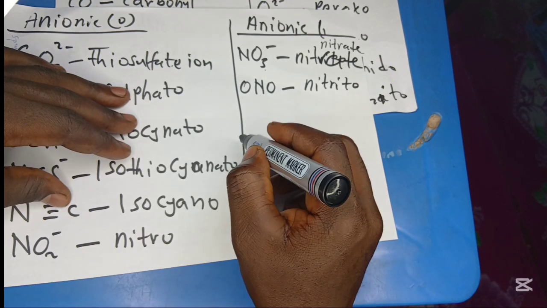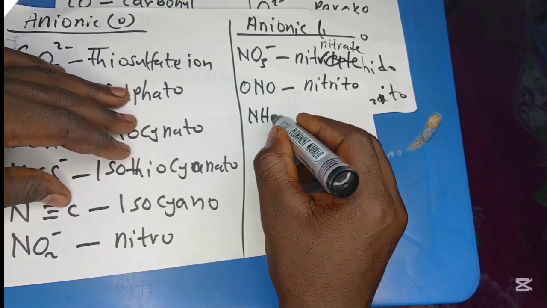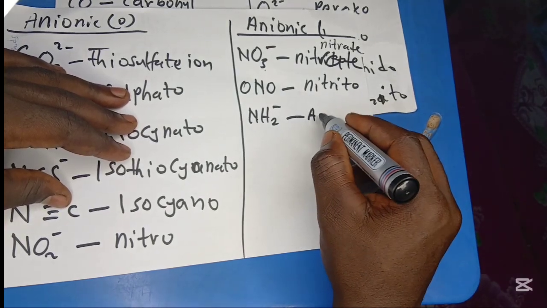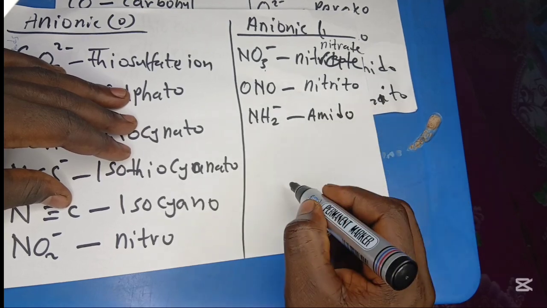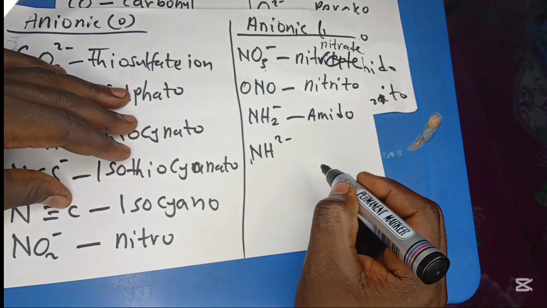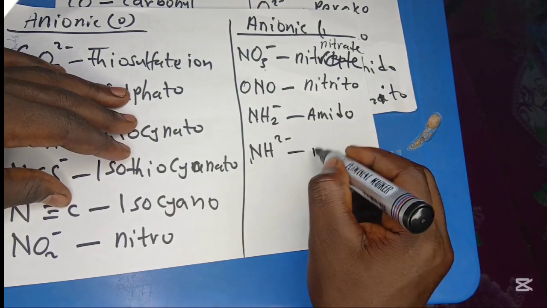What of NH2-? This is called amido, and NH2- with a double negative is imido.